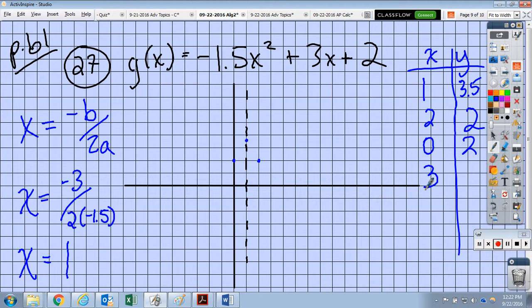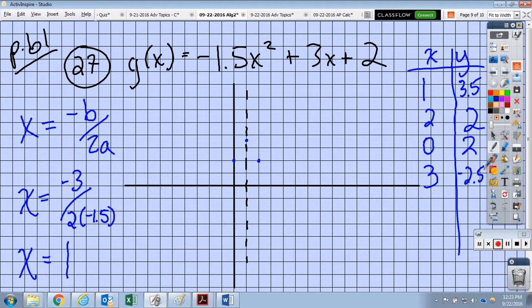Negative 13.5. So negative 13.5 plus 9 is negative 4.5, plus 2 is negative 2.5. Is that what you guys got?